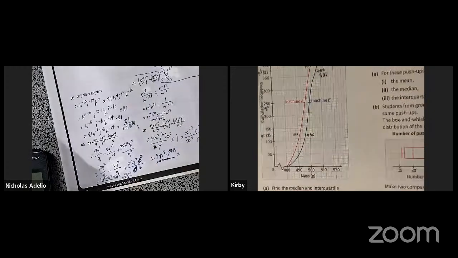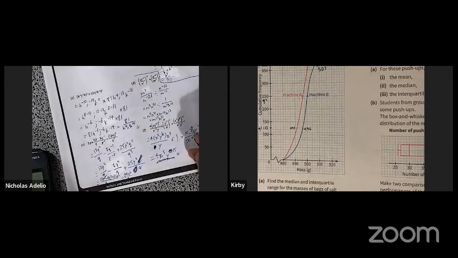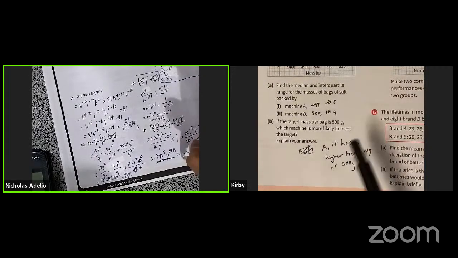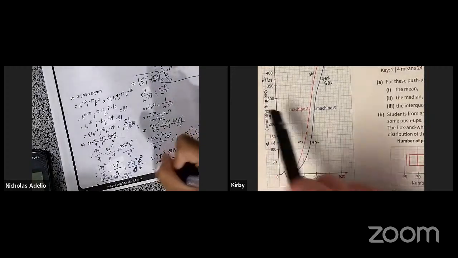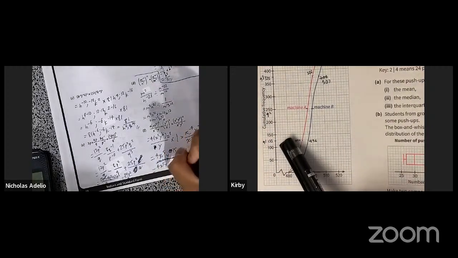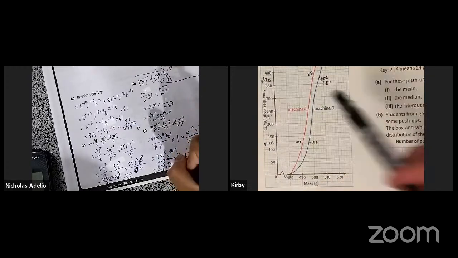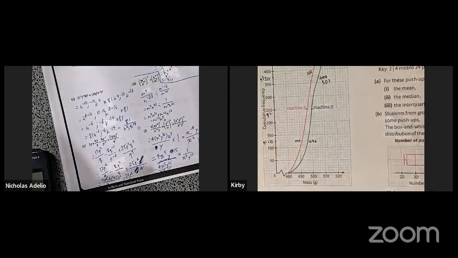Now, what is your concern here? Because the question asks which machine is more likely to meet the target for 500 grams, right? And the frequency for A is 500, Kirby, but you're supposed to use median for that, not Q3.